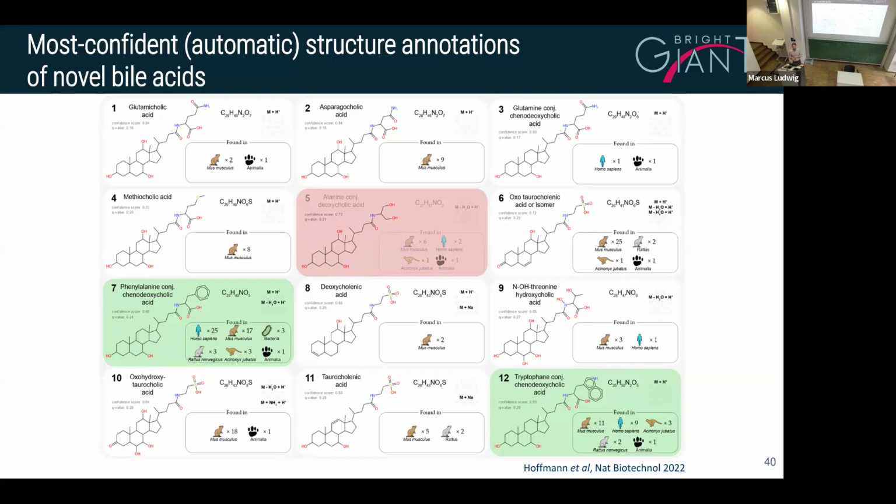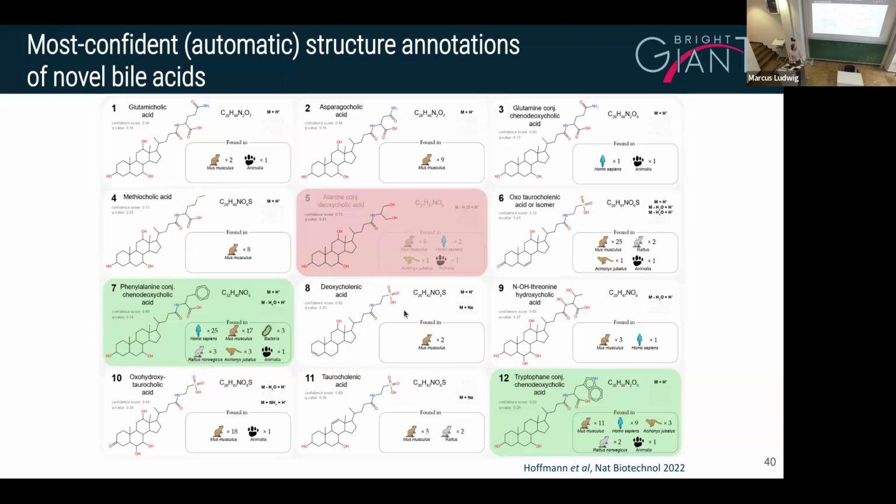And then we just screened a lot of samples and found then some hits in this database. And now you have like 10,000 of features and a lot of these hits. Obviously, you can't go through all of them, but if you have a confidence score which tells you which of these annotations are probably correct, you can focus on the top ones, and that's what we did.